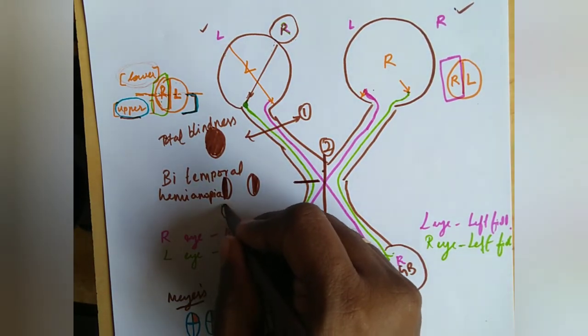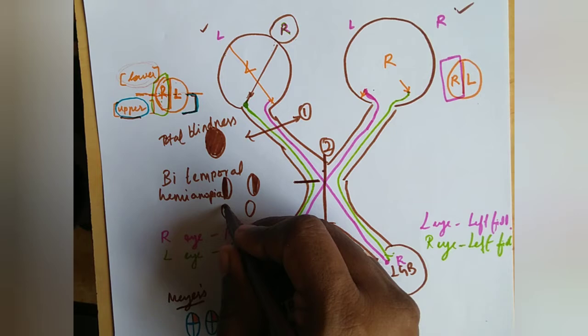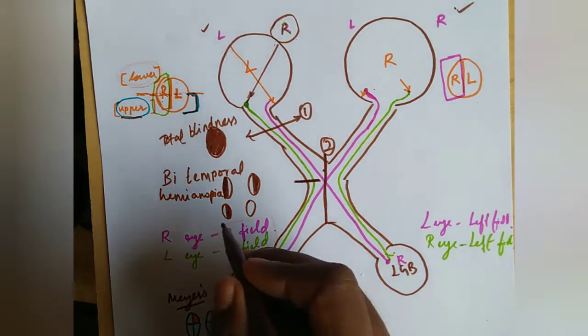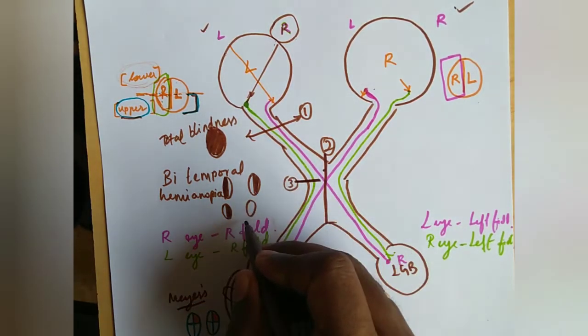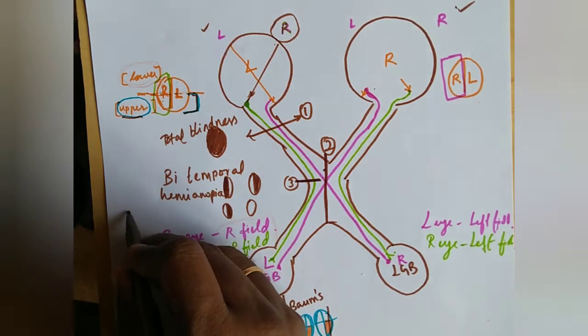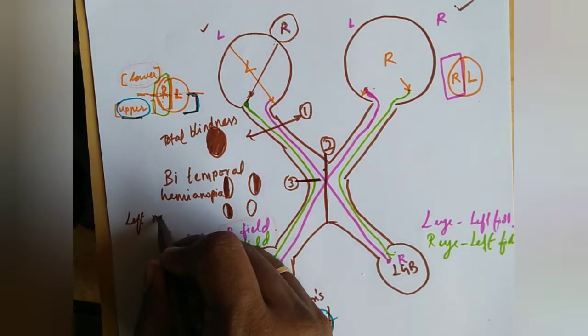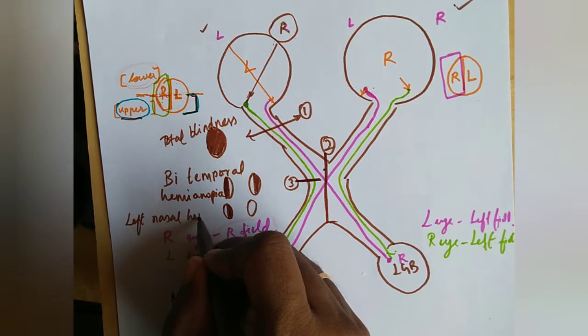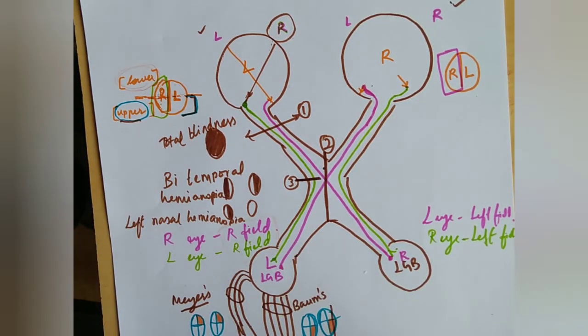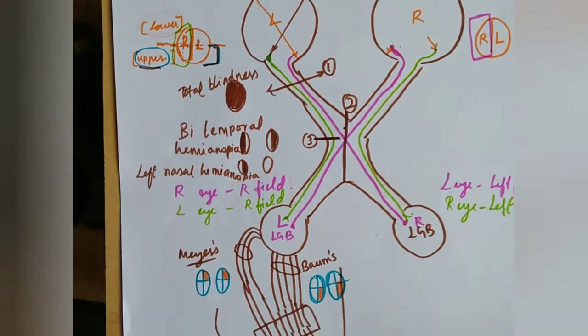So this is the left eye, this is the right eye, only the nasal part of the left eye is damaged. So this area is damaged. This is number 3. So this will result in left nasal hemianopia. Okay, that is the left nasal hemianopia.